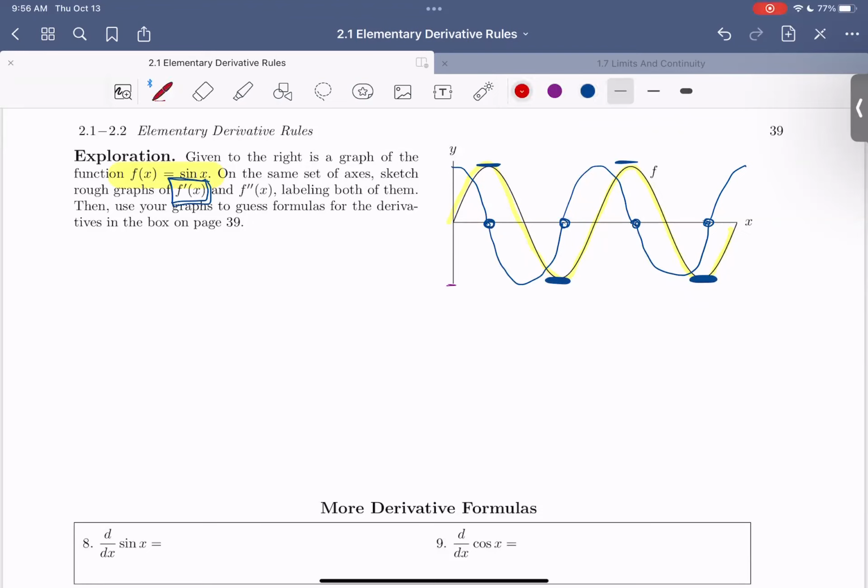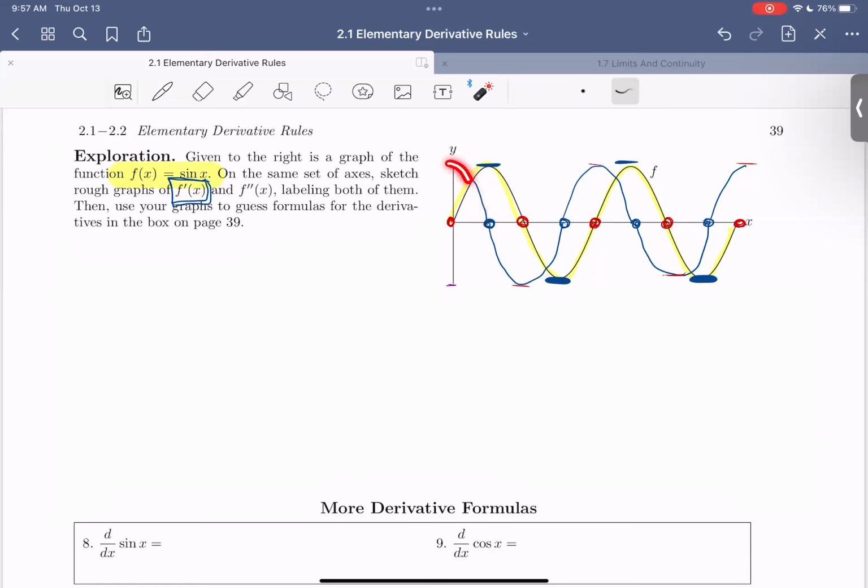So now let's consider the derivative of the derivative. Well, we can first find some horizontal tangent lines on our derivative. So our second derivative should be about 0 here, 0 there, 0 here, 0 here, and 0 here. And so let's notice what's happening to our derivative.